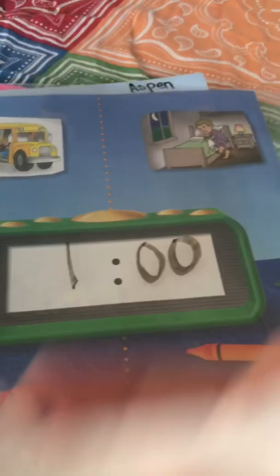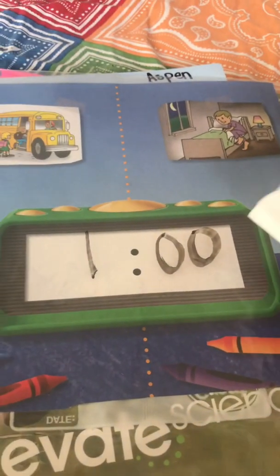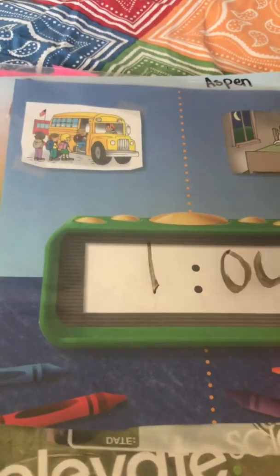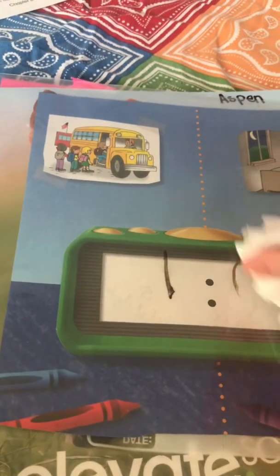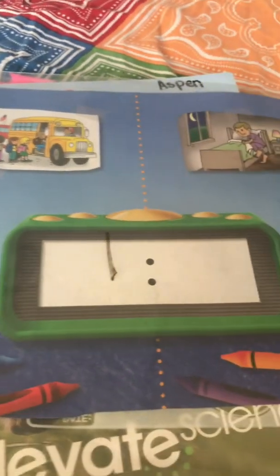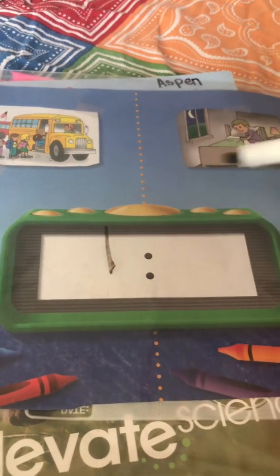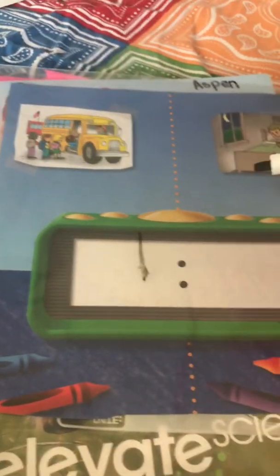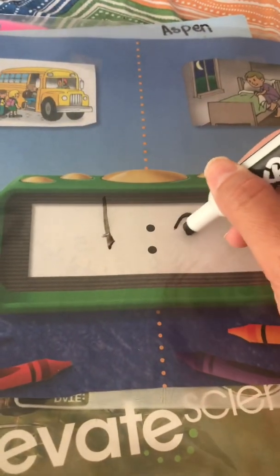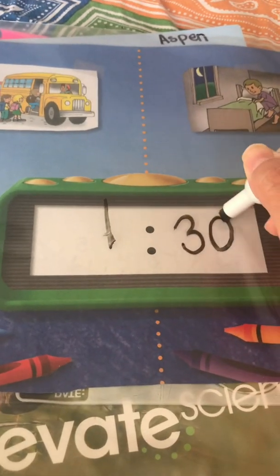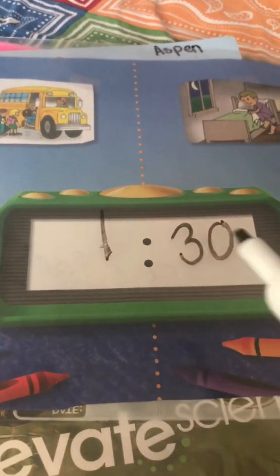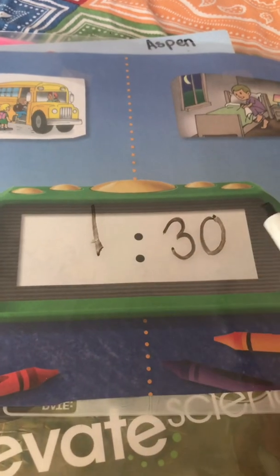And then you can get a napkin or a piece of tissue or old sock. Remember, Miss Ba uses old socks in her class to erase her whiteboards. So if you erase that, you could put 1, 3, 0. That would be 1:30. Or, do you guys remember?